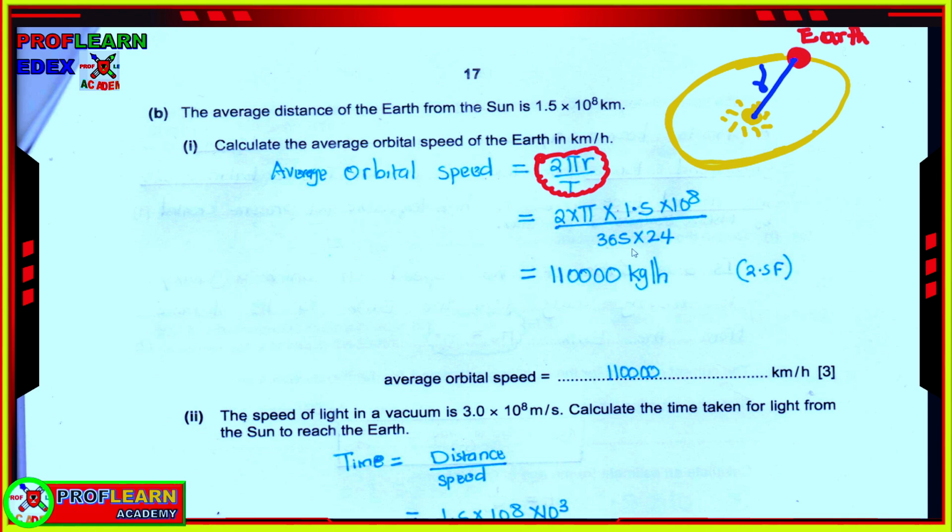Now we are going to apply the formula, and you have to ensure that your time is in hours, because the planet Earth takes 365 days to orbit around the sun.